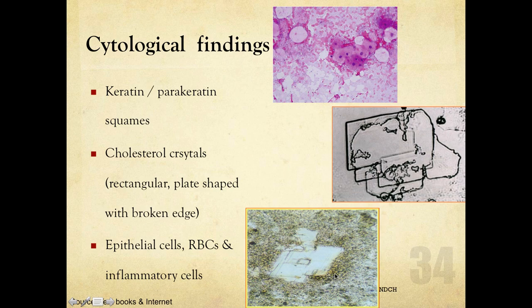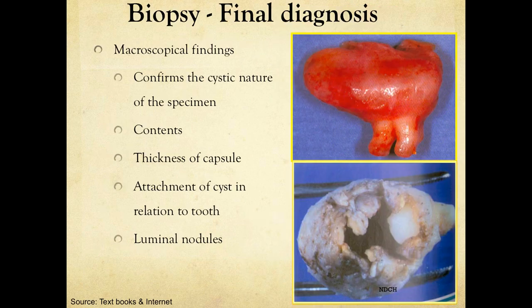Apart from that, you can see a lot of RBCs, inflammatory cells, debris, and epithelial cells. However, with the cytological findings, you cannot arrive at a conclusive diagnosis, but to some extent, like OKC, you can come to a diagnosis.